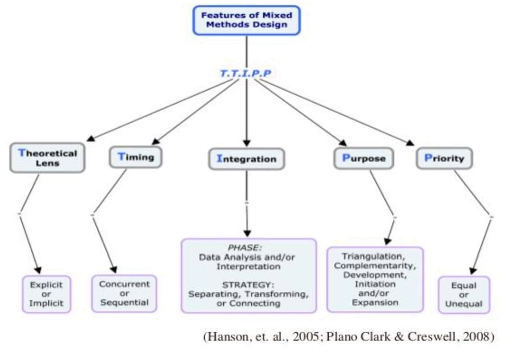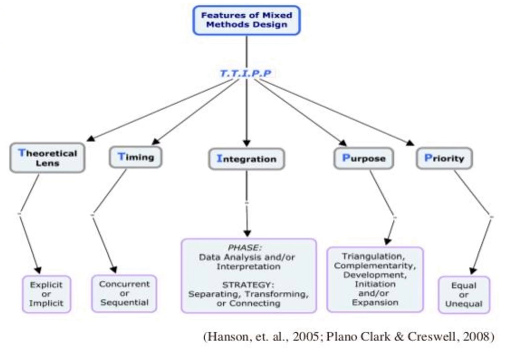Then the timing, so how the mixed method is used, whether, as we said, concurrent or sequential, and the integration, the way and when you integrate the mixed method. Are you integrating quantitative and qualitative data at the data collection stage, or the data analysis stage, or the interpretation stage? So there's a way where you want to integrate, and how you integrate them are separate, and also the purpose as well.